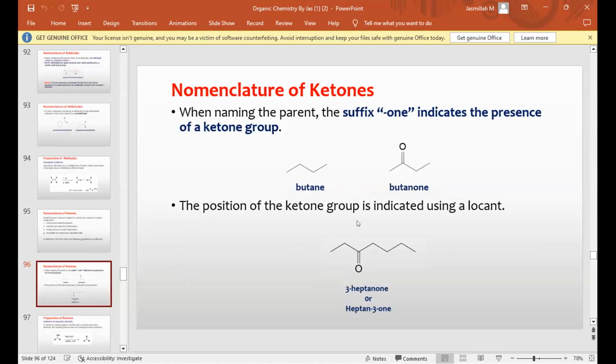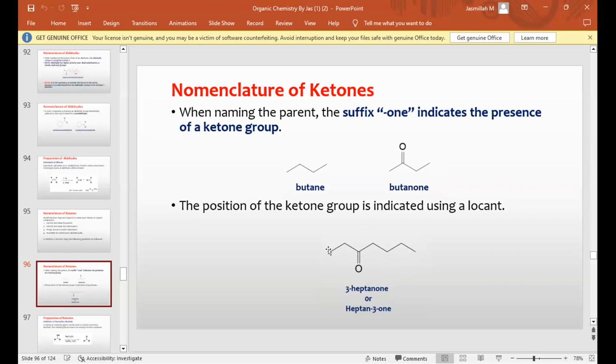The position of the ketone group is indicated using a locant. So let's say in this long chain here, we start counting from here: 1, 2, 3, 4, 5, 6, 7. Unlike the aldehydes, where the carbon of the carbonyl group is the first, we see now there's an alkyl group on this side and an alkyl group on this side, so we cannot start counting from the middle.